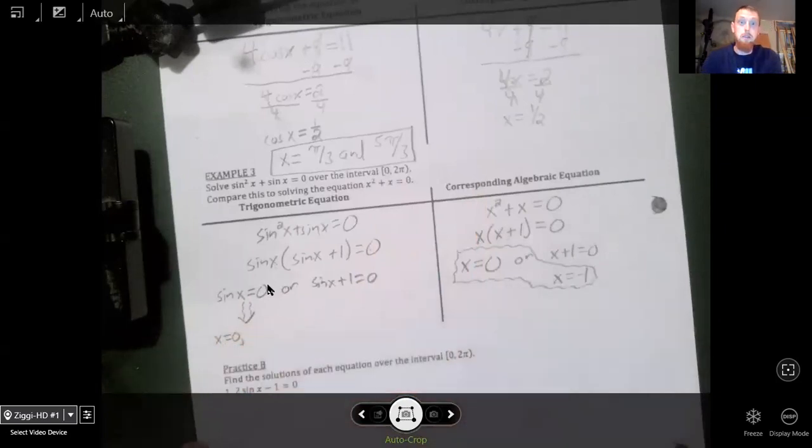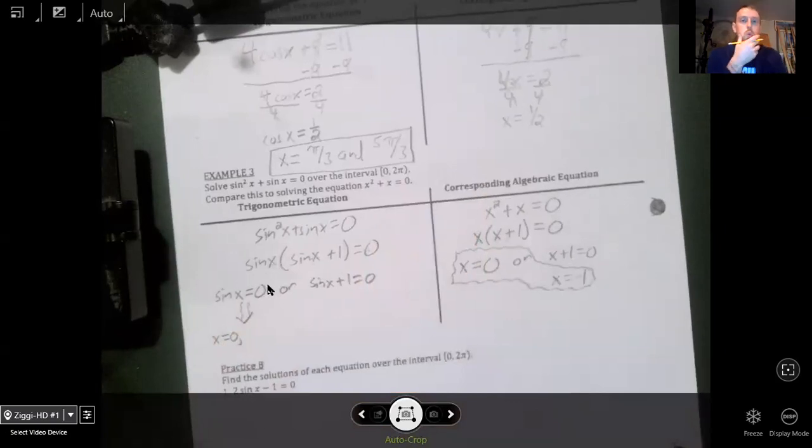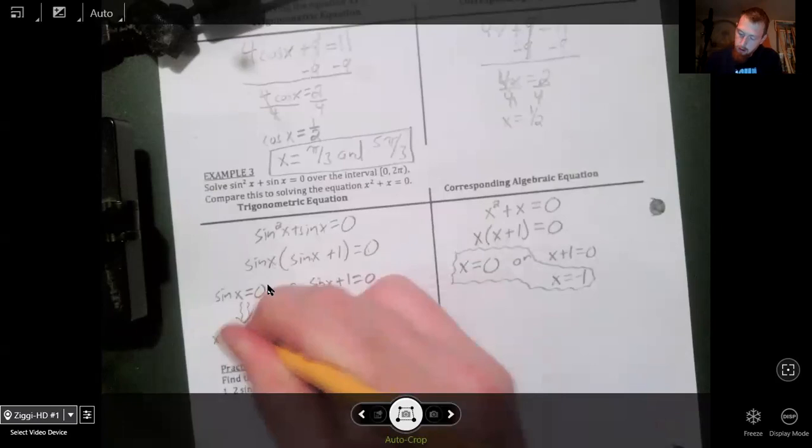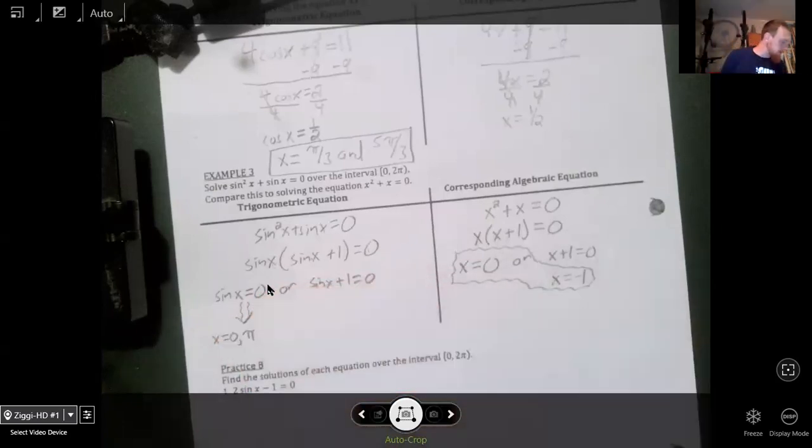The sine of 0 is 0. That's the positive x-axis. Okay, what's the other place where sine is 0? Well, sine is 0 on the x-axis. It's 0 on the positive x-axis. That means that it must be 0 on the negative axis too, right? What's the angle on the negative x-axis?